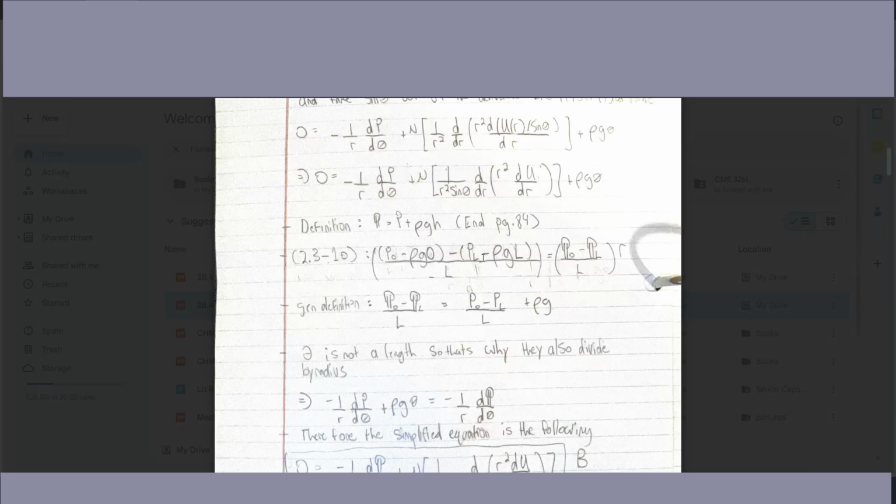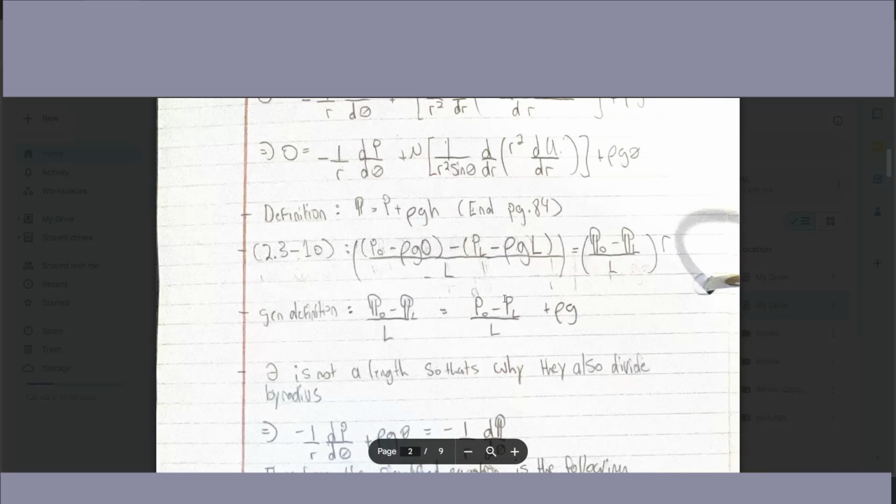If you want to look at this, 2.3-10, this weird definition: the modified pressure equals P0 minus rho g at height equals 0, minus PL, the pressure at L, minus rho g at height equals L, all divided by L.